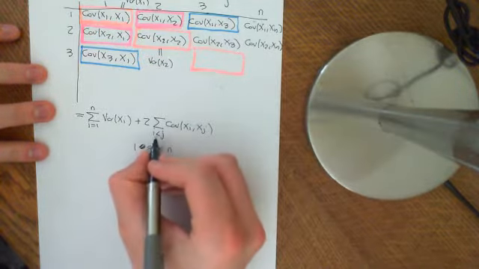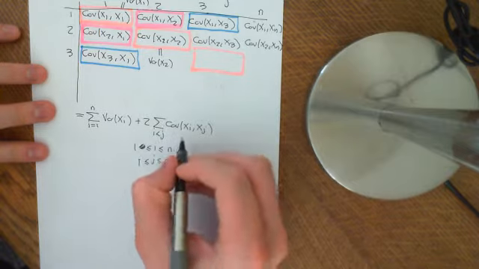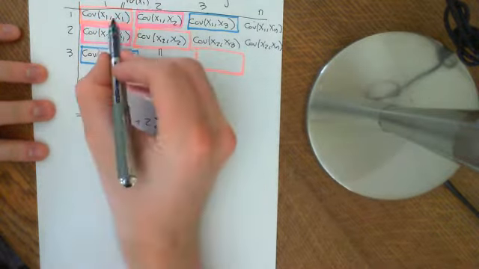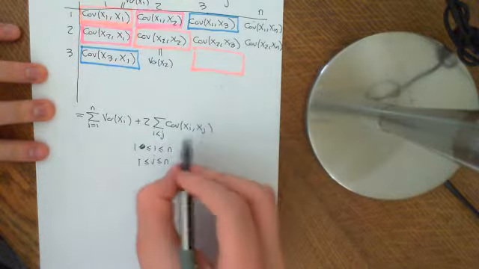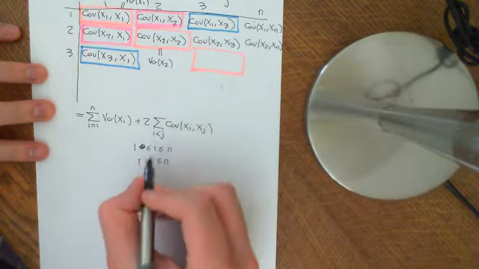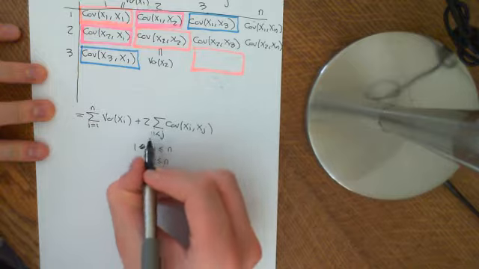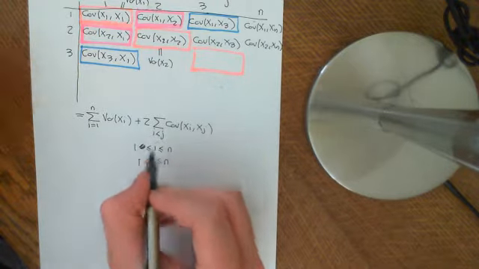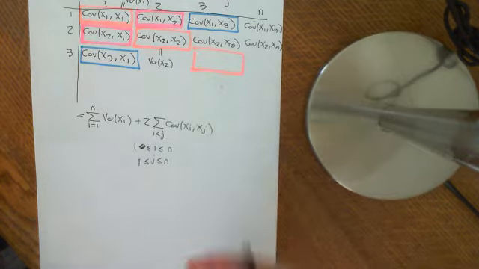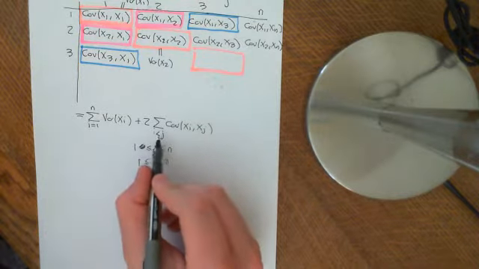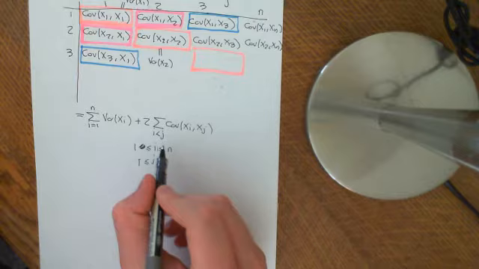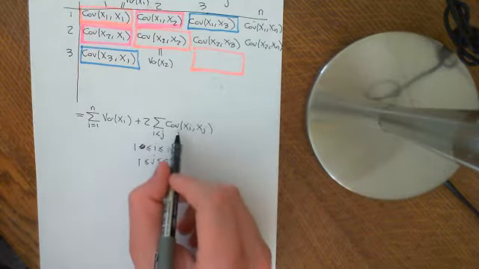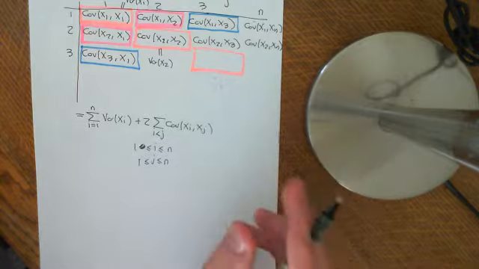So the way you'd start is you'd say, okay, start with i equal to 1. That's going to give us this row here. Now I let j take on all values between 1 and n such that this condition is also satisfied. Can I do j equal to 1? No, I can't, because 1 is not less than 1. So you do not sum over the covariance of x1, x1; you do not get that term.